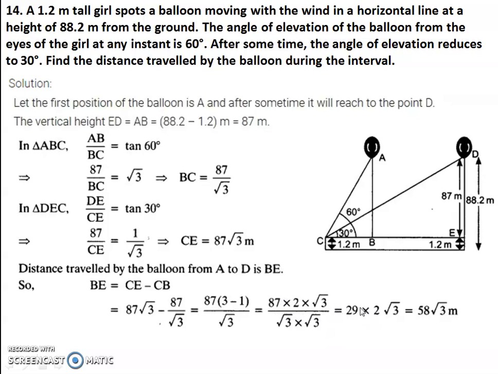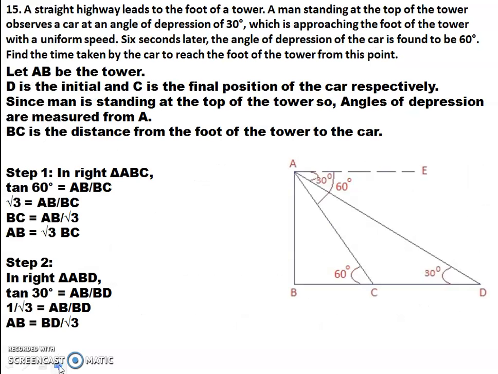That is what you got as 29. 87 by 3 is equal to 29. 29 into 2 root 3 is equal to 58 root 3. Hope the answer is clear to you. Please rewind if you have any confusion in the steps. We'll go to the next question.